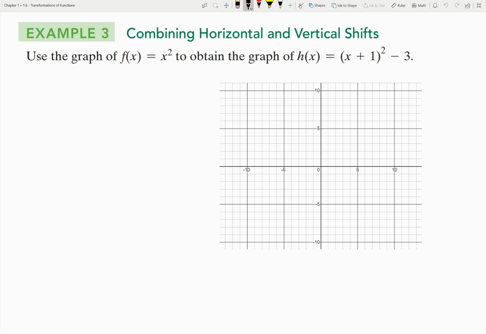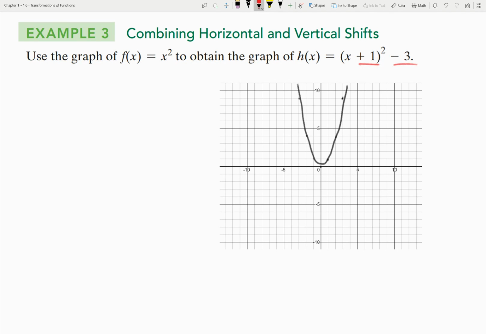Okay, so we're going to use the standard parabola. Let's just graph that. 1, 1, 2, 4, 3, 9. And these can all reflect because this function is even. Then, again, if I know the starting point, I can graph this fairly simply.